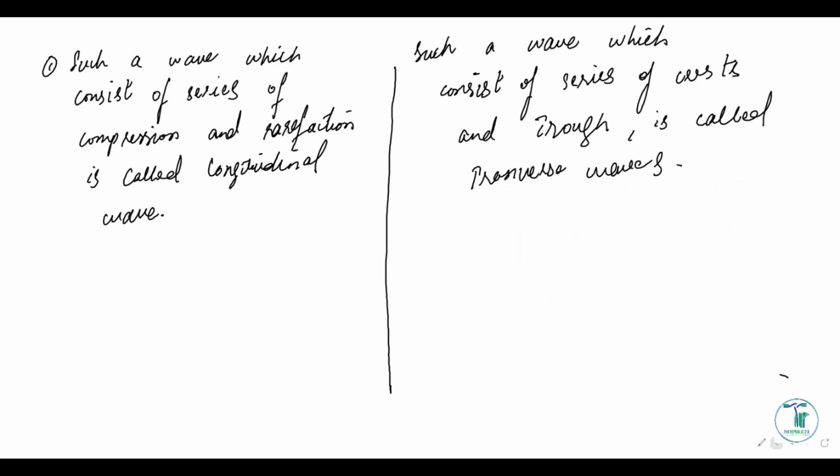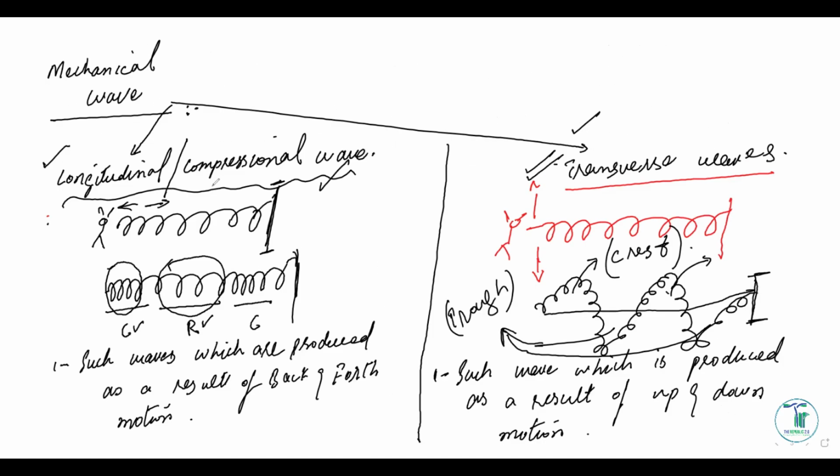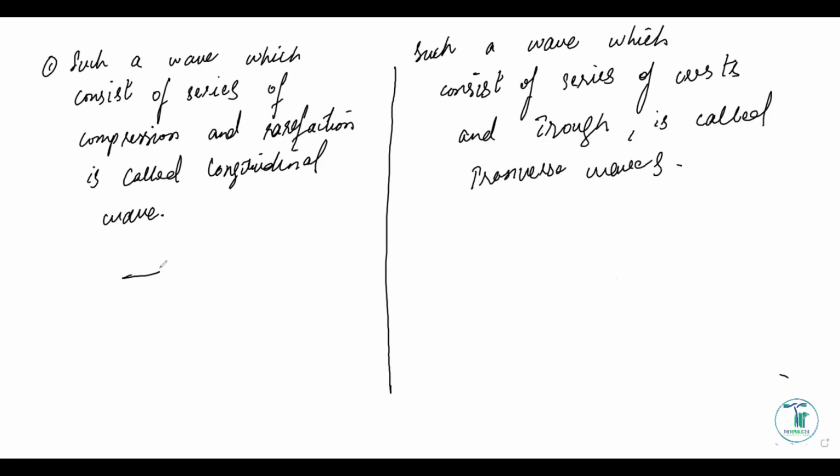Is that clear? Yes. अब वो definition, now let's talk about that definition which you need to write in the exam. Okay? For example, if you're talking about the longitudinal or the compressional wave, you were moving your wave in this direction, right? Yes. And you got to see that the particles were also moving in the same direction. मेरी बात समझ आई है?